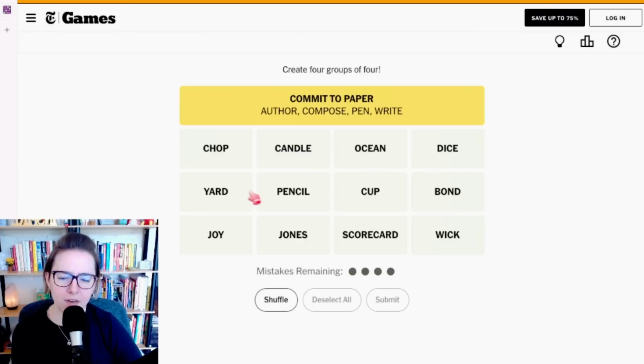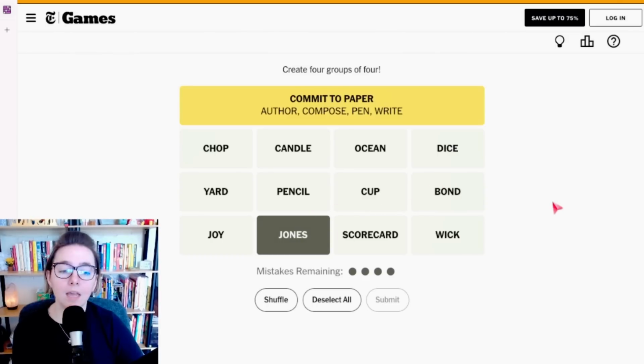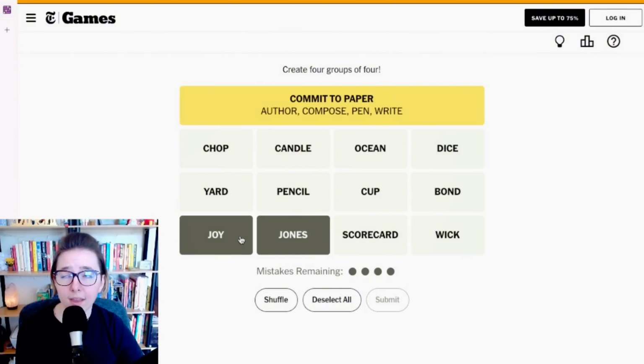Candle, ocean, yard, pencil, cup. Now, something interesting here. Jones is a name. I don't believe that it has other meanings. I believe it's just a name. Joy can also be a name, a girl's name.